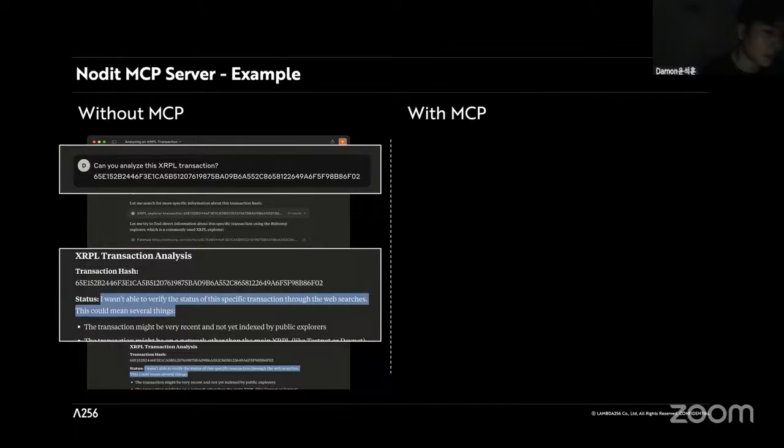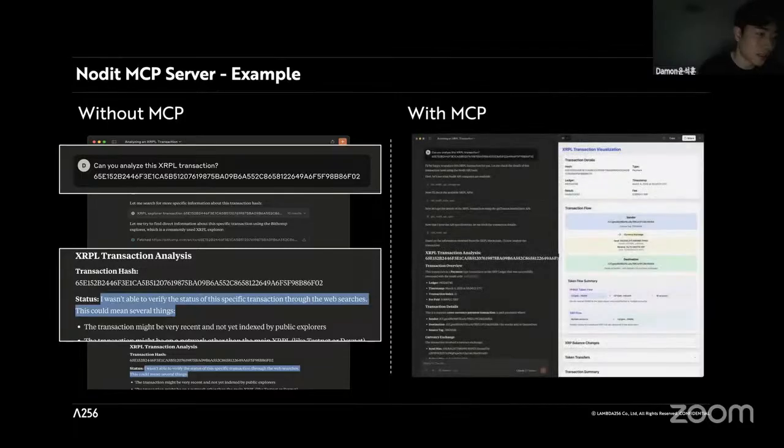Eventually, it just gives up like this. I wasn't able to verify the states, blah, blah, blah. So it's trying, but it's guessing because it's blind to the real data.